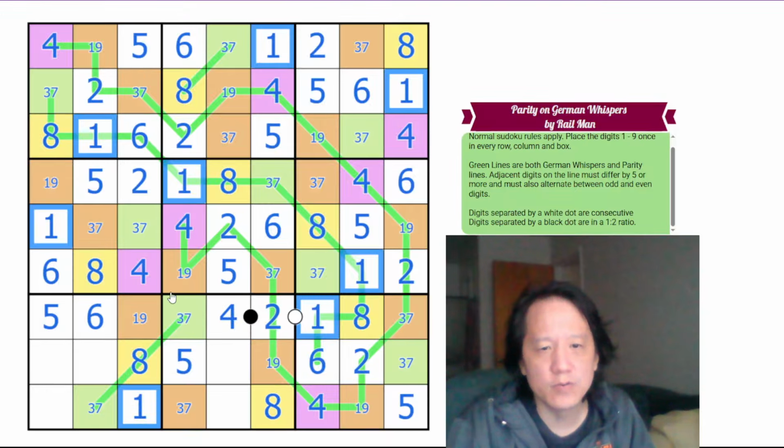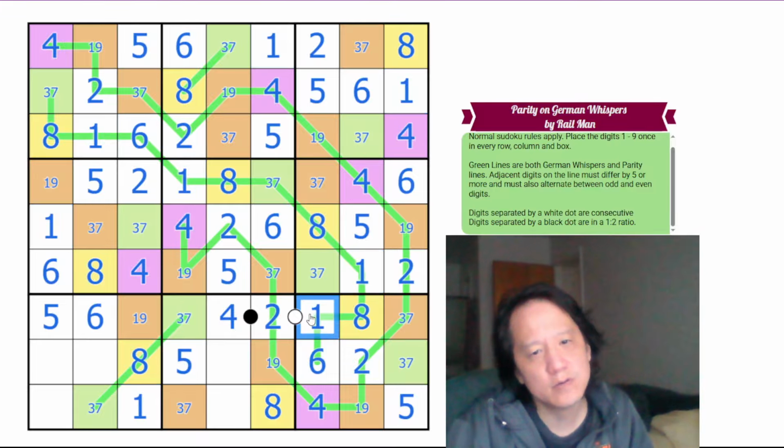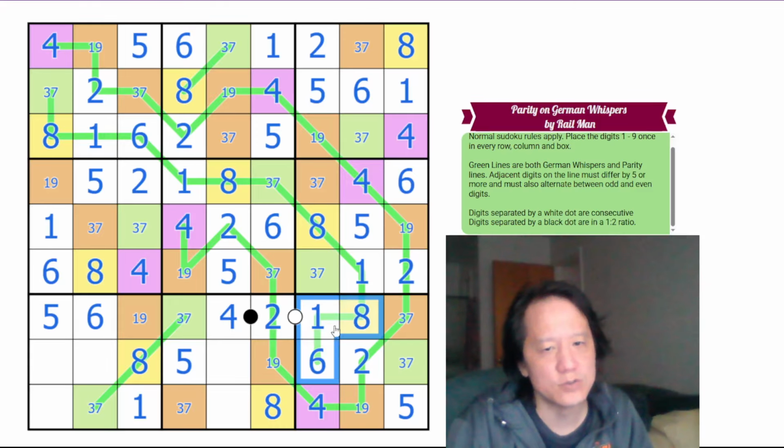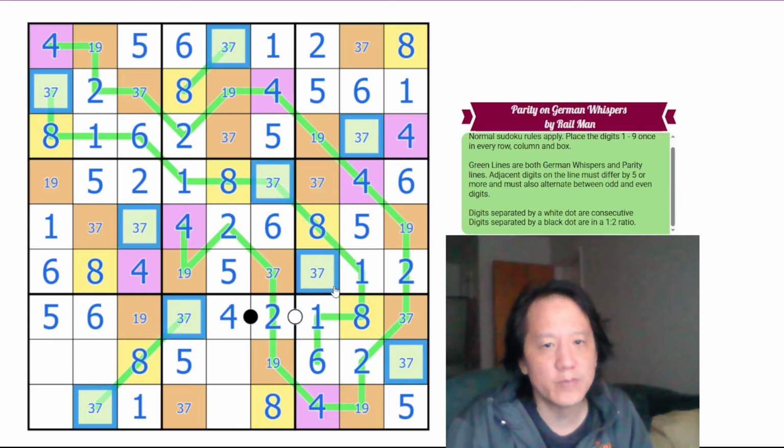All the green... Why couldn't this have been... Oh, because this had to be the 3-7. Okay. Or it had to be the 3-7 here. This was between 2. So it had to be 1 or 9. All the green 3-7s are 3.